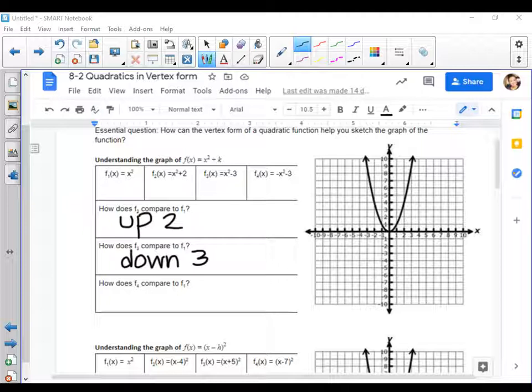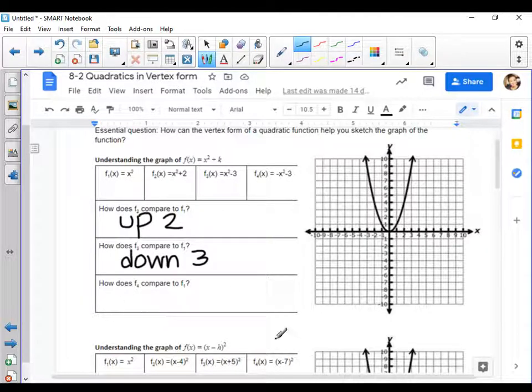0, negative 3. So that goes down 3. The last one was a little different because they make the x squared negative and then there's a minus 3. This is the same thing. Watch the blue line when I make the x squared negative, it flips.